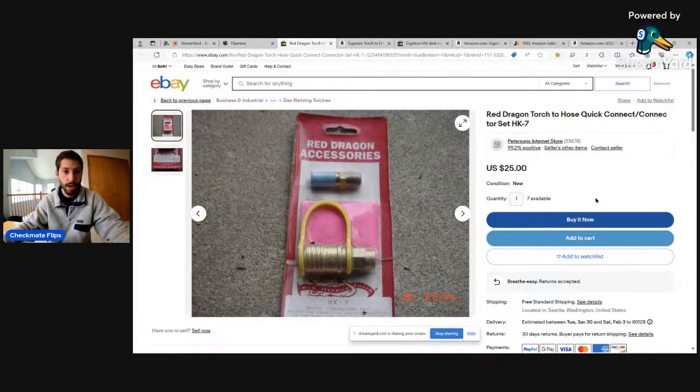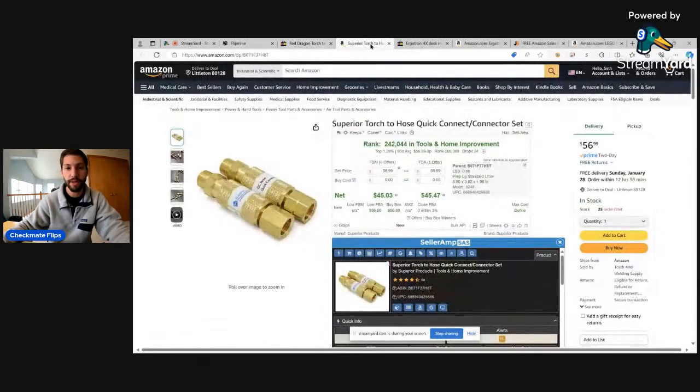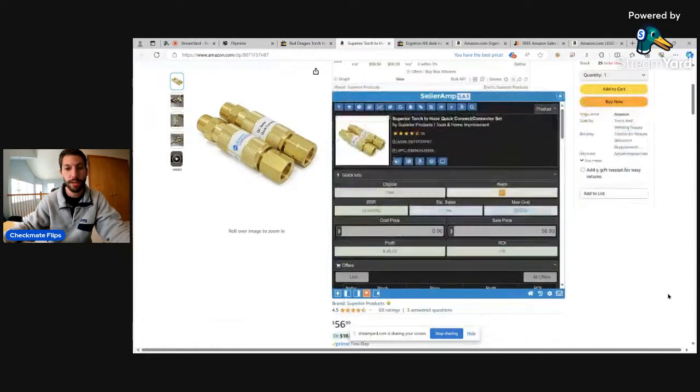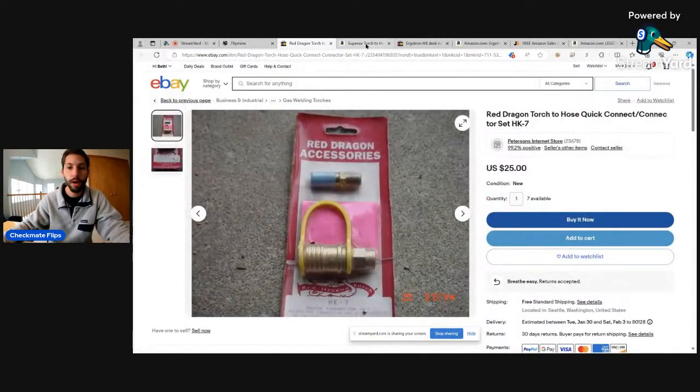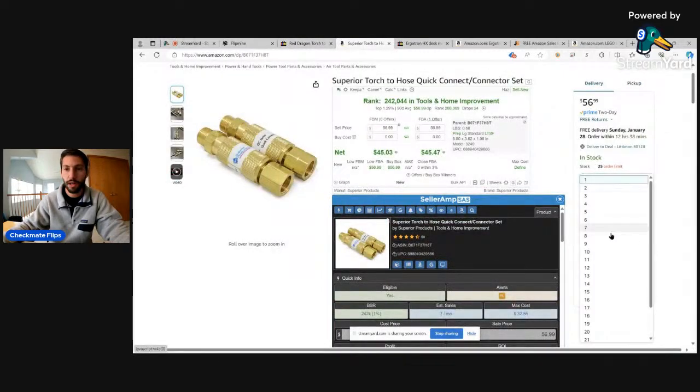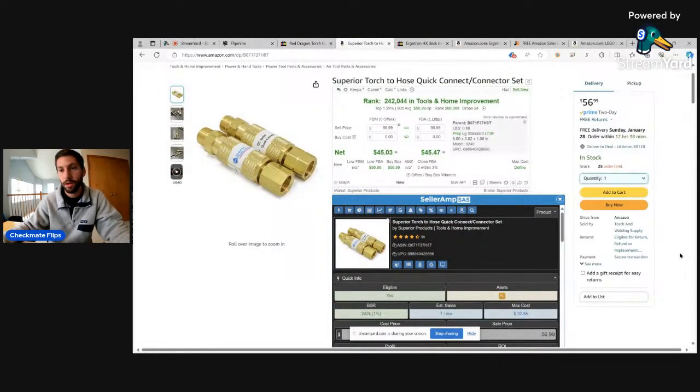I don't stay away from those. I like those, as long as it has the demand on the Amazon side of things, which it looks like it's pretty slow. But at the same time, there's not many sellers on the listing. So this might actually be able to support someone coming in with some quantity. This guy has quantity.